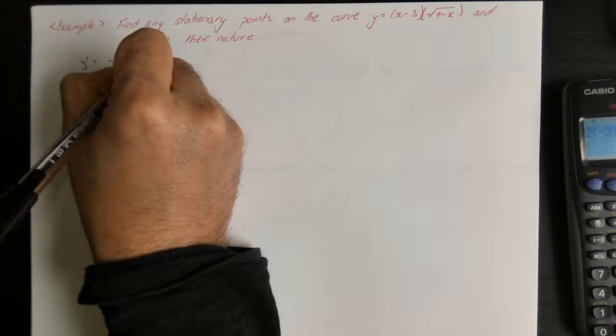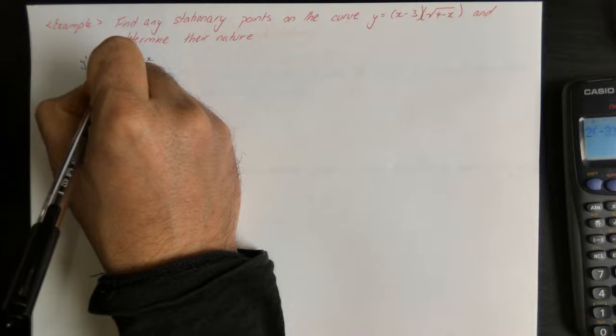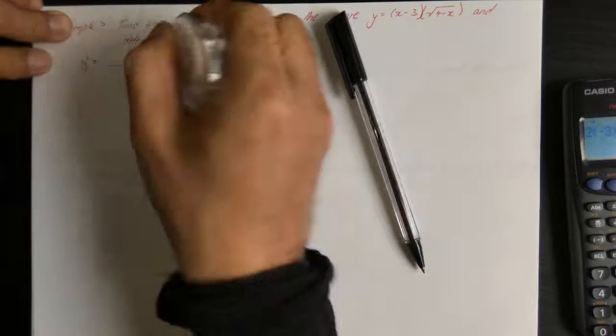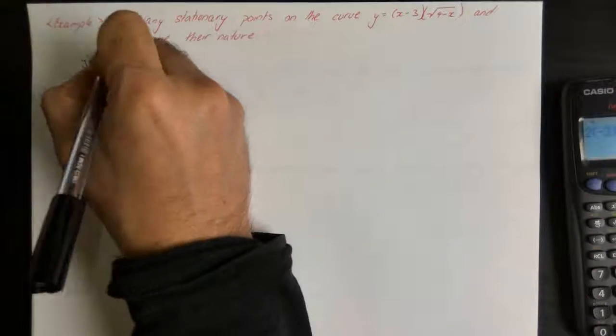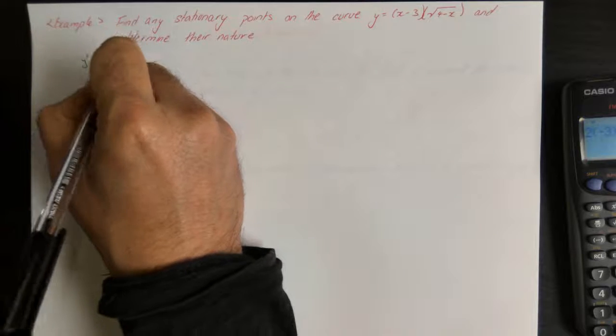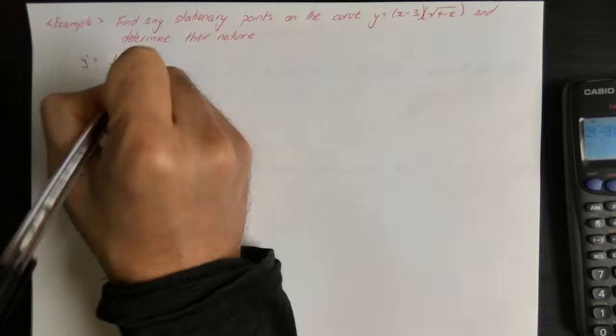The first derivative ends up being 11 minus 3x over 2 lots of the root of 4 minus x.